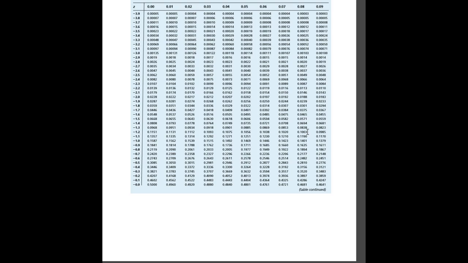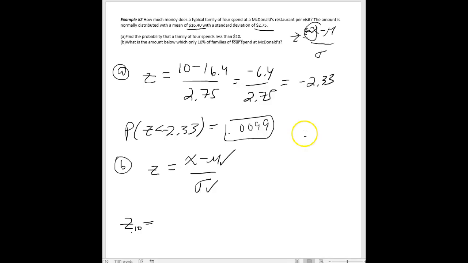It looks like negative 1.28. Negative 1.28 is right around 10%, and this is fine to estimate at this point. You're not going to get exactly 10%. So the z-value that we're using is negative 1.28.